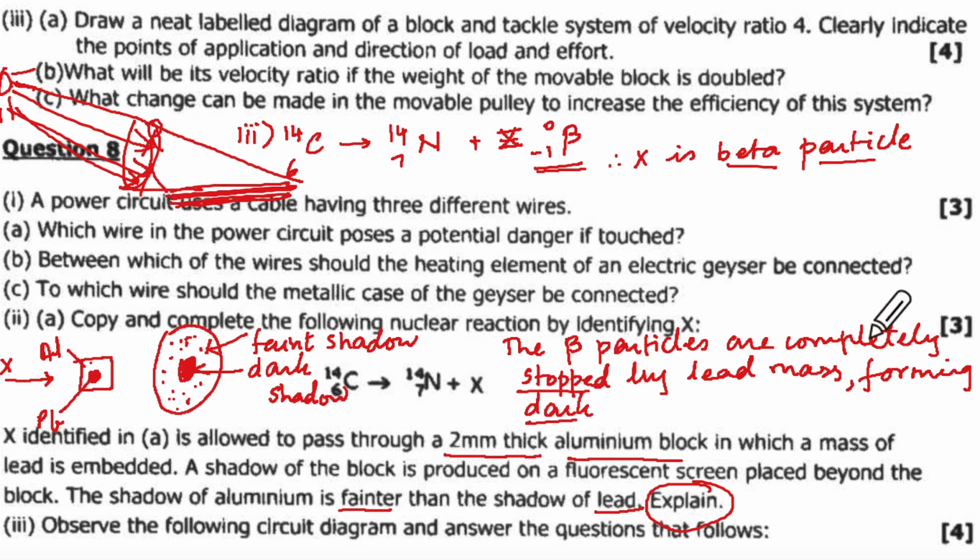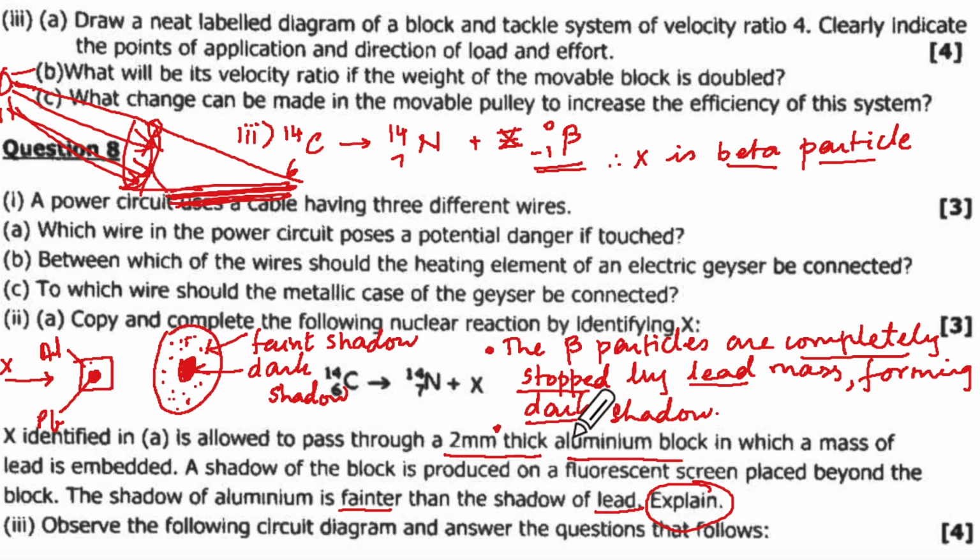Underline: completely stopped by lead, forming dark shadow. Correct? Yes, ma'am. This is the first point.